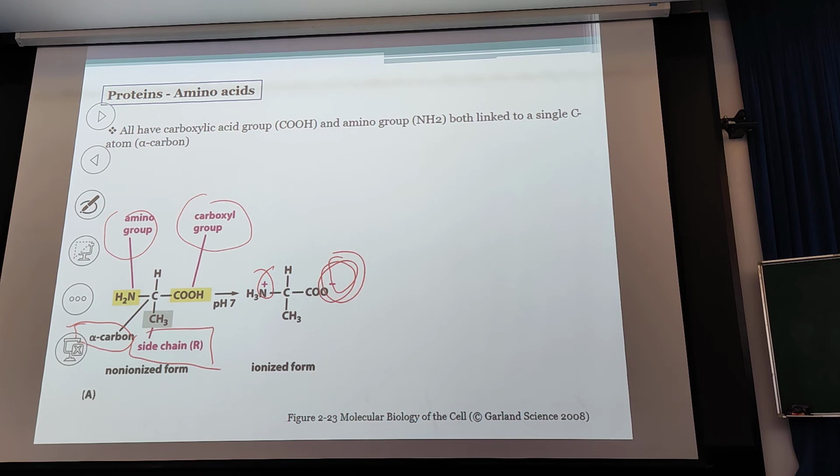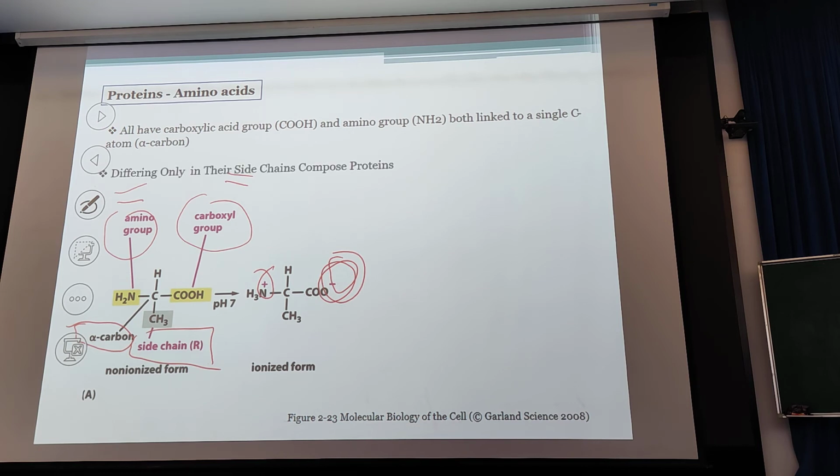So what makes the amino acids different? The amino group is the same, right? The carboxyl group, the same. The alpha carbon, the same also. So the amino acids only differ in their side chains.